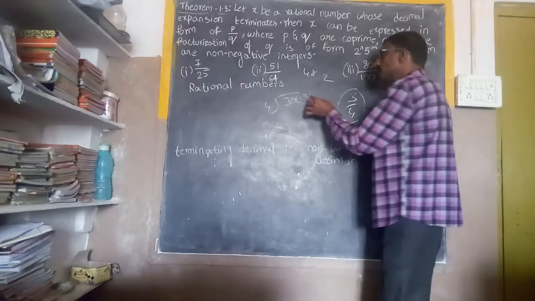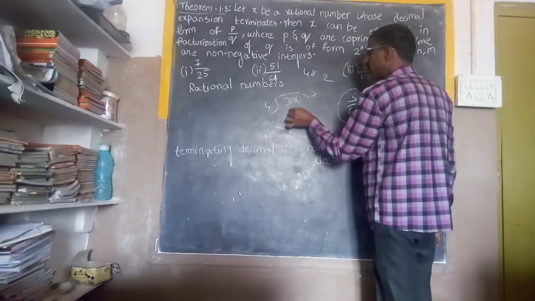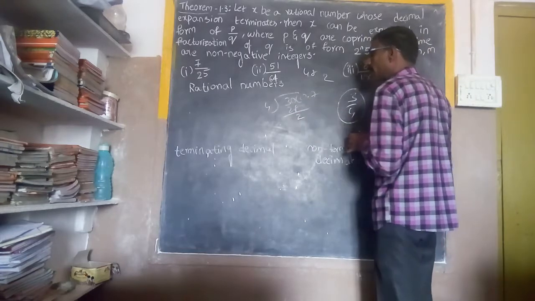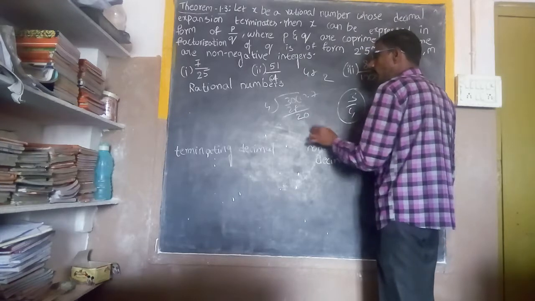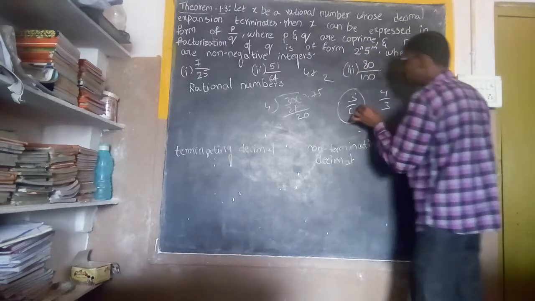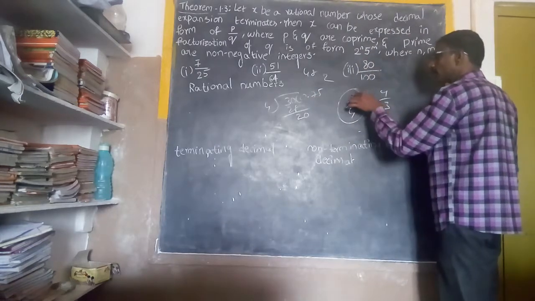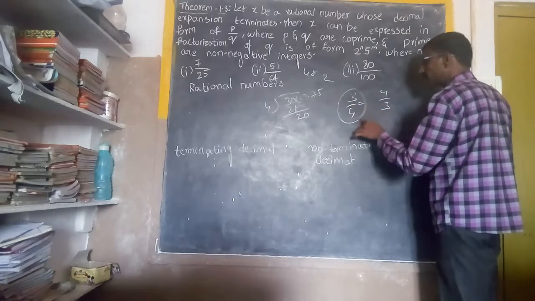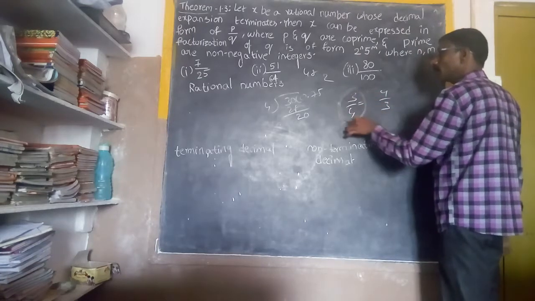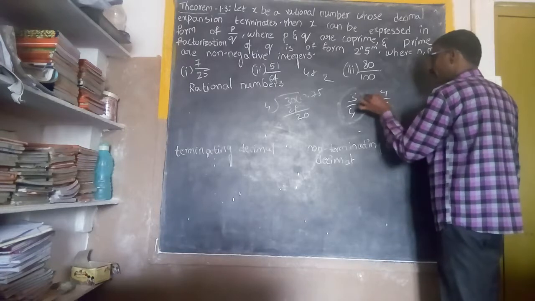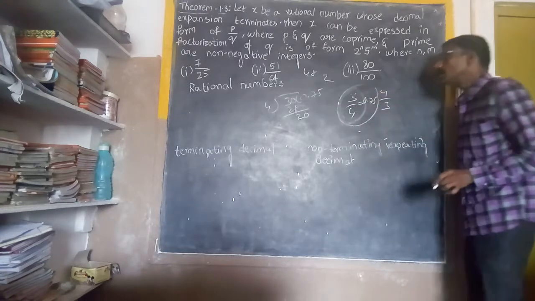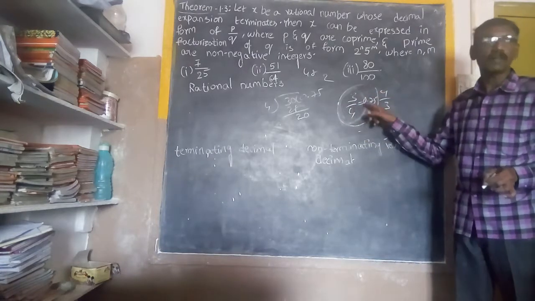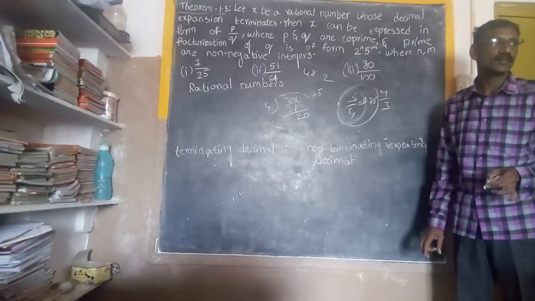How many times? 7 fours are 28, 2 remainder. You can keep 0, 5. Very simple. 3 by 4 is nothing but 0.75. It's clear? So every rational number can be expressed in decimal form.